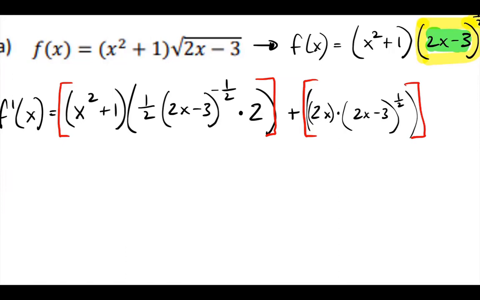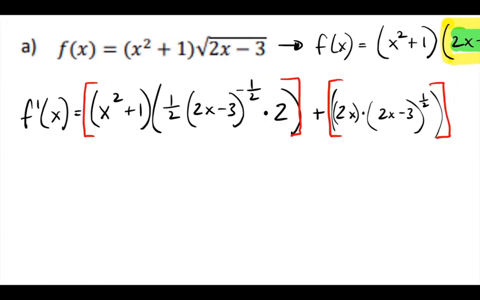So if I'm looking over here, I see I have a 2 over here and a 1/2 over here. So I'm going to multiply. What's 1/2 times 2? 1, right? Okay.